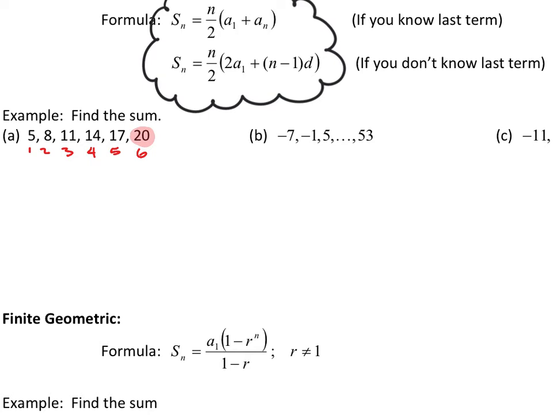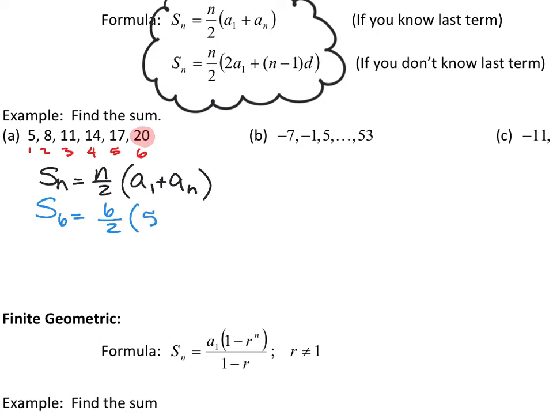That first formula would be S of n equal to n divided by 2 times a sub 1 plus a sub n. So we're finding the partial sum up to the 6th term. That means n is 6, a sub 1 is 5, and a sub n is 20. 6 divided by 2 is 3. 5 plus 20 is 25.